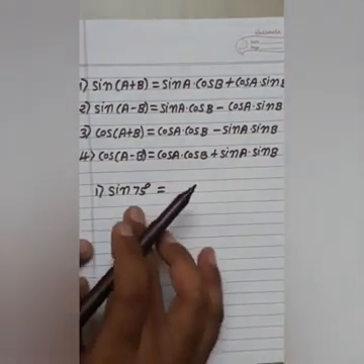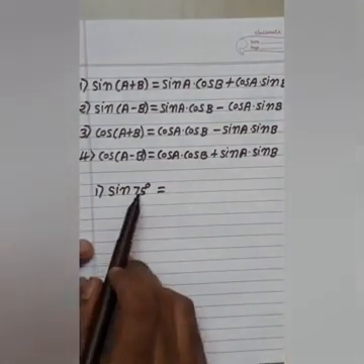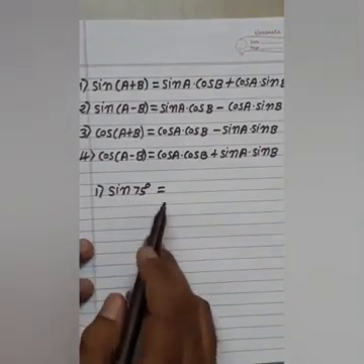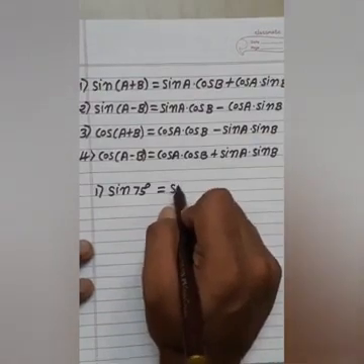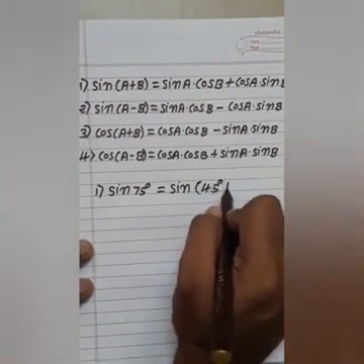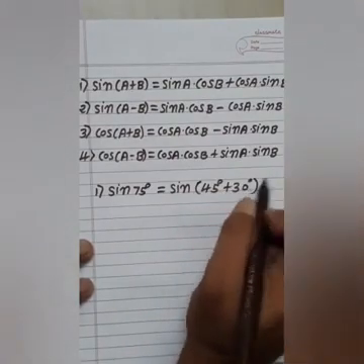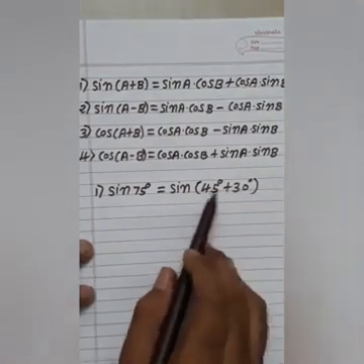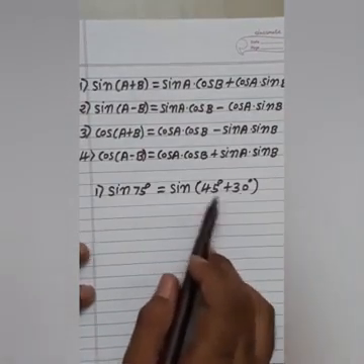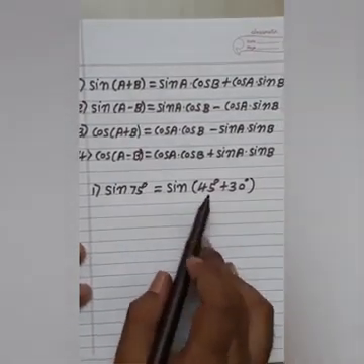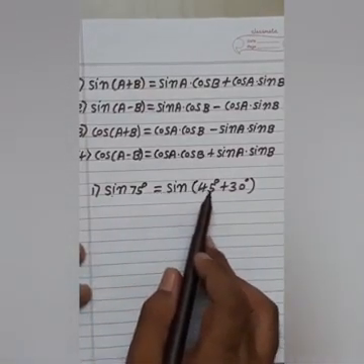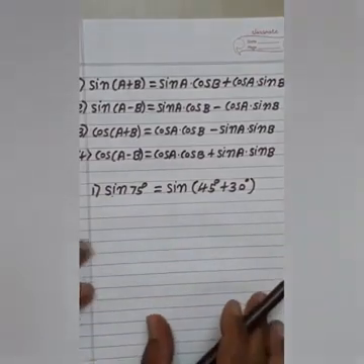Using the trigonometry table, where the values are present, sine 75 degree we can write as sine (45 degree plus 30 degree). Why divide into these two parts? Because both these values are present in the trigonometry table. So sine 75 degree is equal to sine (45 degree plus 30 degree).